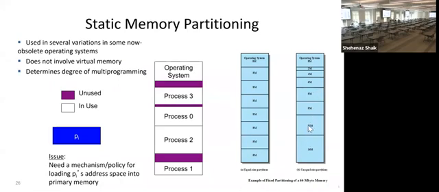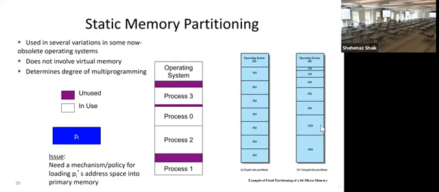Based on which partition we select, each of them will result in internal fragmentation of different capacities. For example, for the bottom one, which has 16 megabytes, if we place the process of 7 megabytes size in there, it will result in internal fragmentation of 9 megabytes.